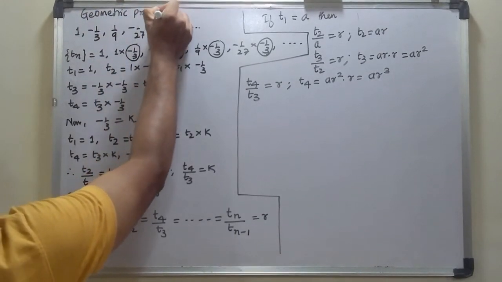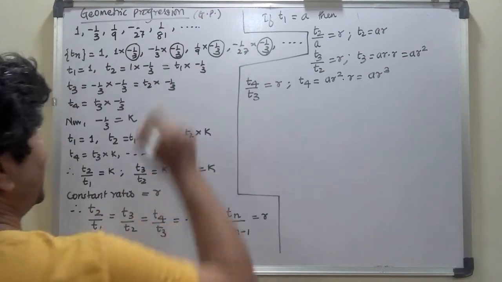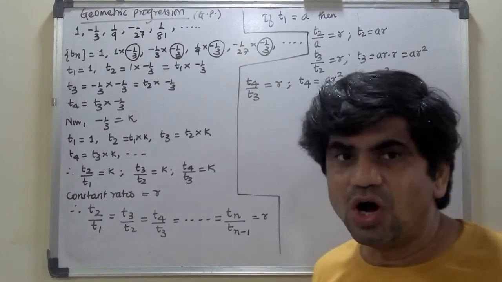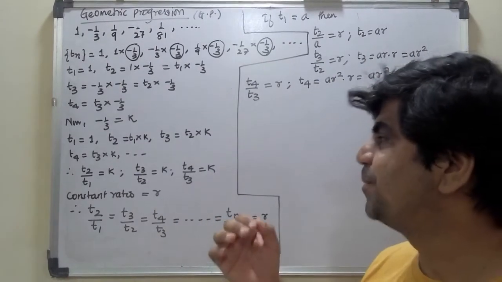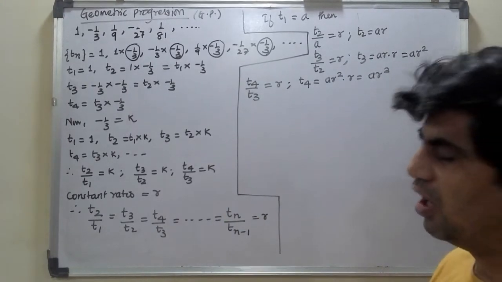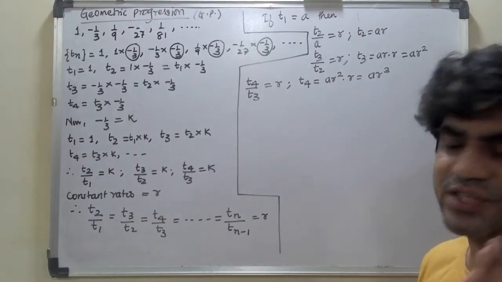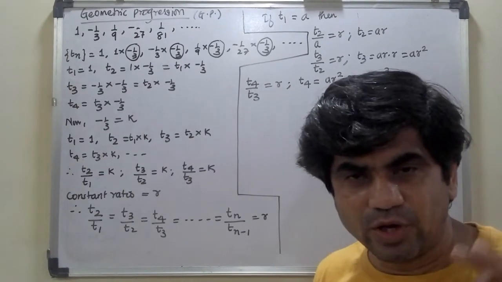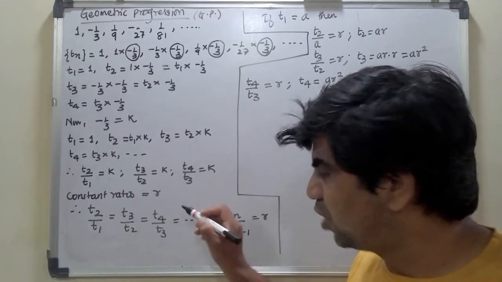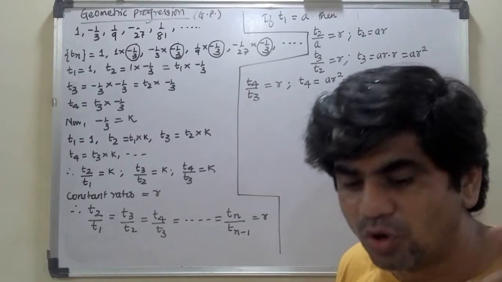Now you can define it in simple language as: the progression in which the ratio of any term to its previous term is constant is called a GP, that is, geometric progression.